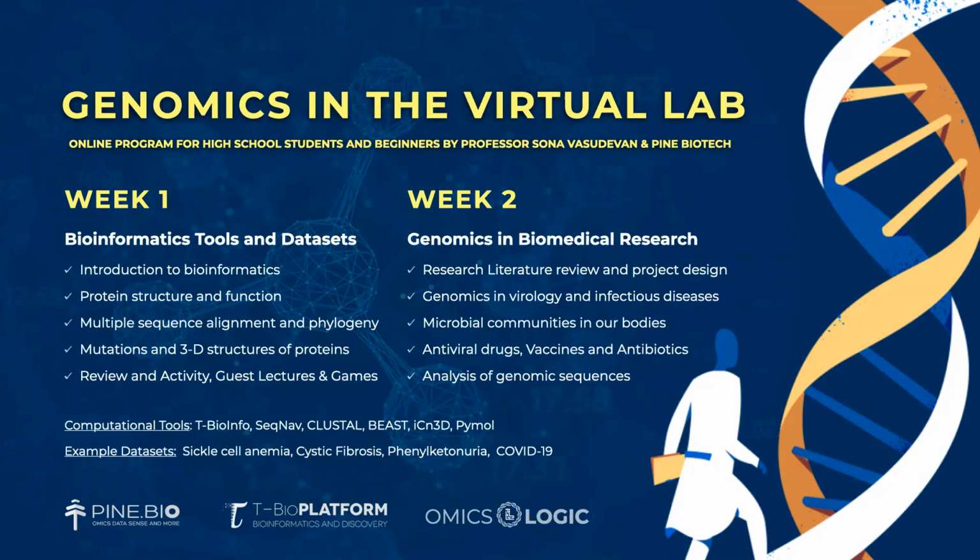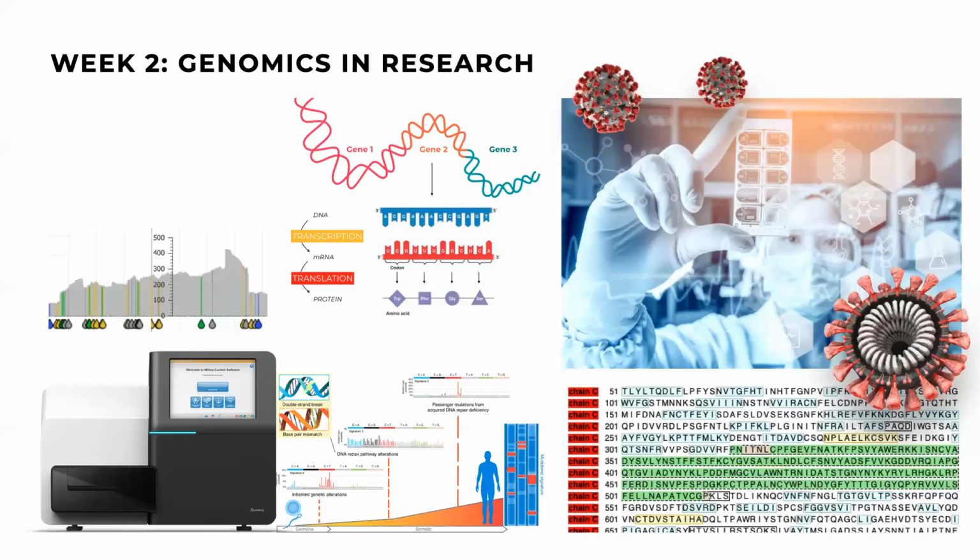Okay, so we'll talk today about how to do research literature review and how to design a research project. But we'll also talk this week about high throughput sequencing, next generation sequencing that allows us to detect mutations. And then once you already know where those mutations emerge and what genes and which proteins, you'll be able to associate how those mutations play a role in different types of conditions.